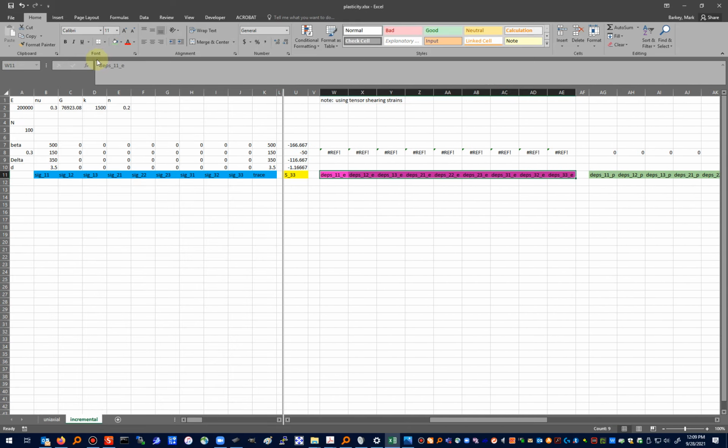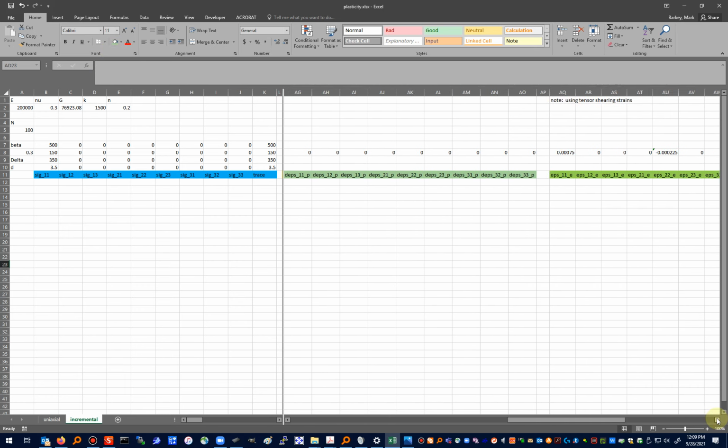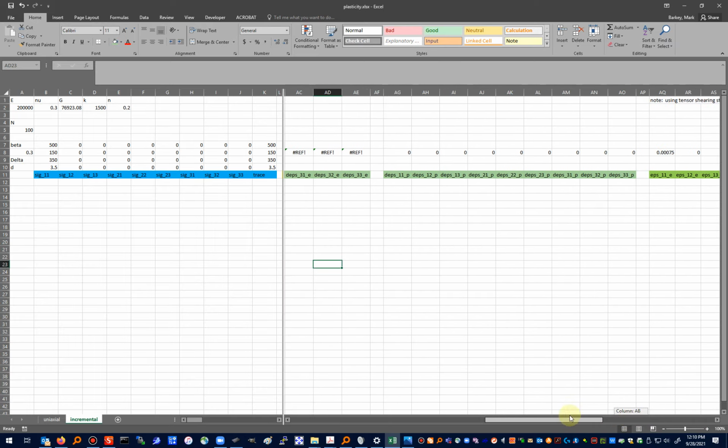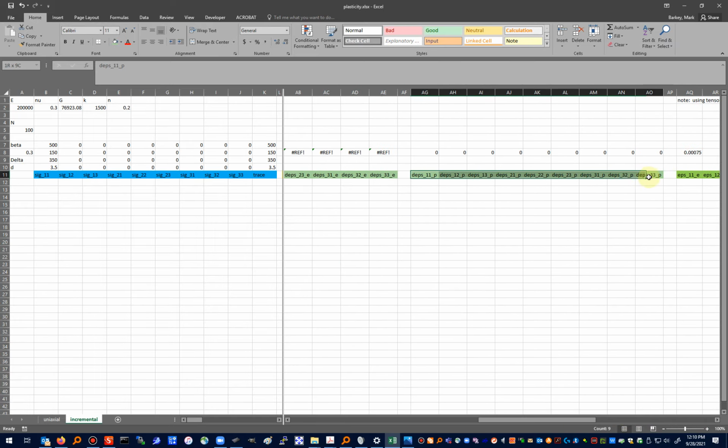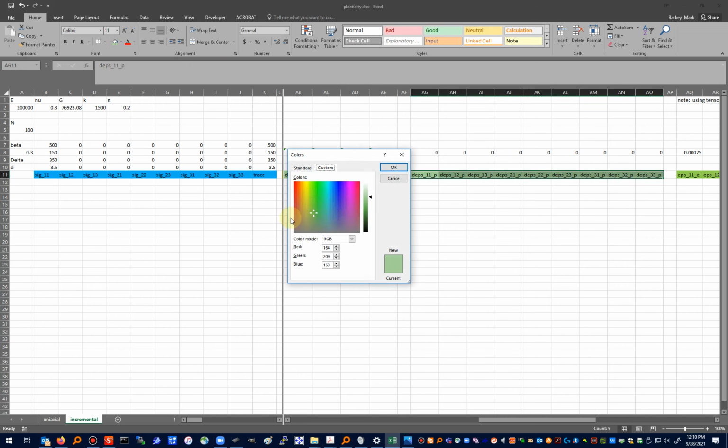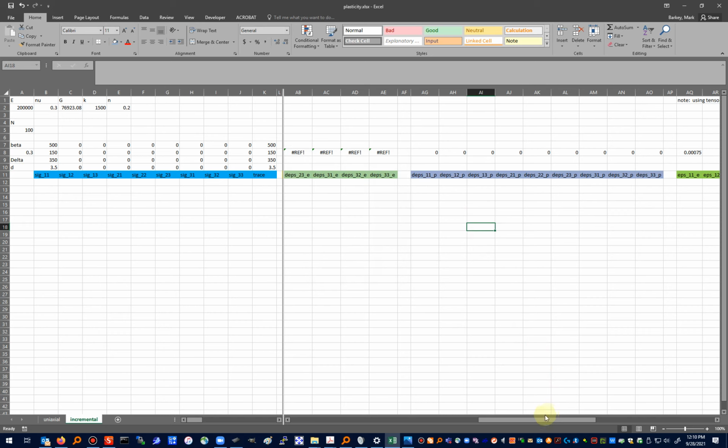In fact, to keep things looking similar, let's use a similar green and then a similar blue. We'll use a little softer blue for these increments.